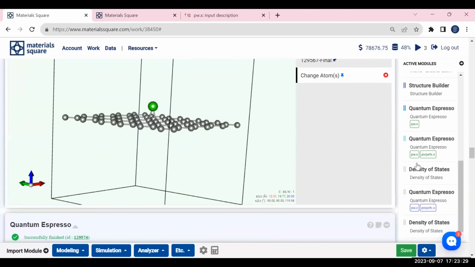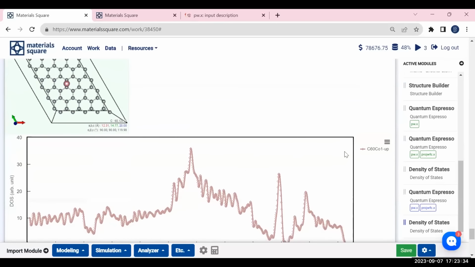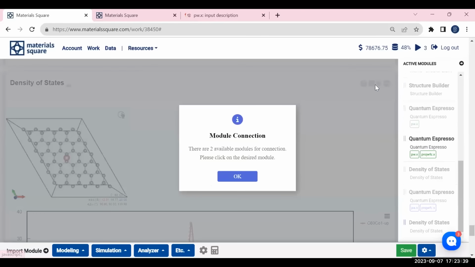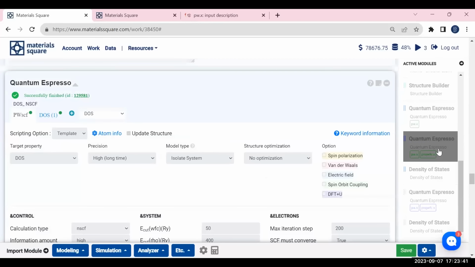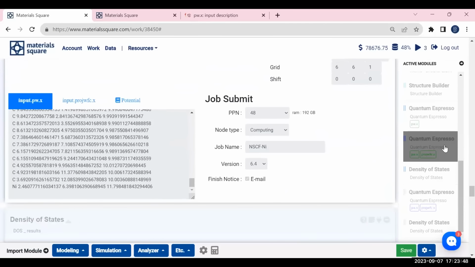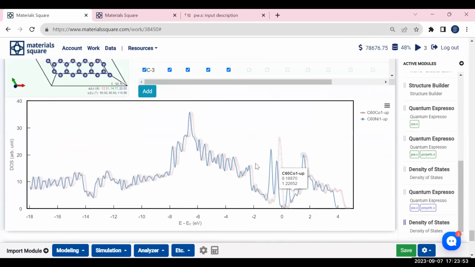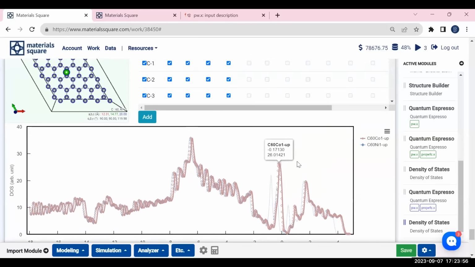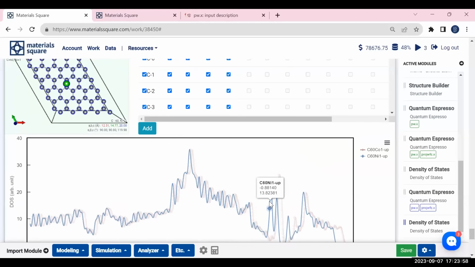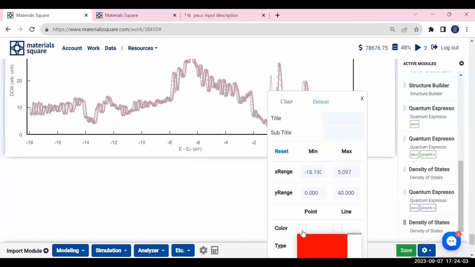So when we are comparing the two density of states in here, I will connect this one with the result of, I think it was, yeah, let's just check. It was copper and nickel, yes, with the nickel. So we will have two density of states placed together. So we can see what the difference is between them. Okay, I just show.